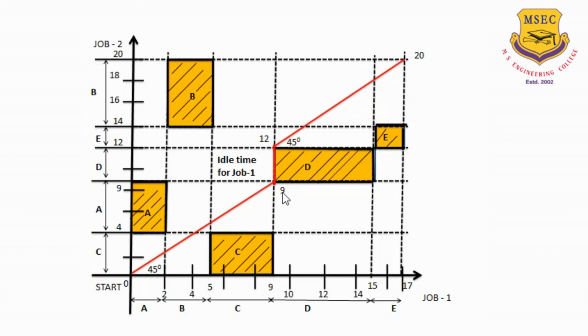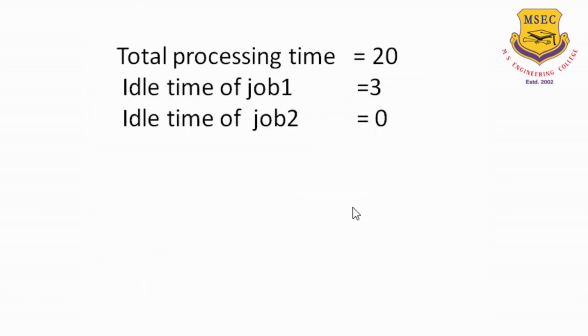With an idle time of 3 units of time for job 1, the final result is that the total processing time is 20 units of time, the idle time on job 1 is 3 units, and the idle time for job 2 is 0. That means we do not have any idle time for job 2.